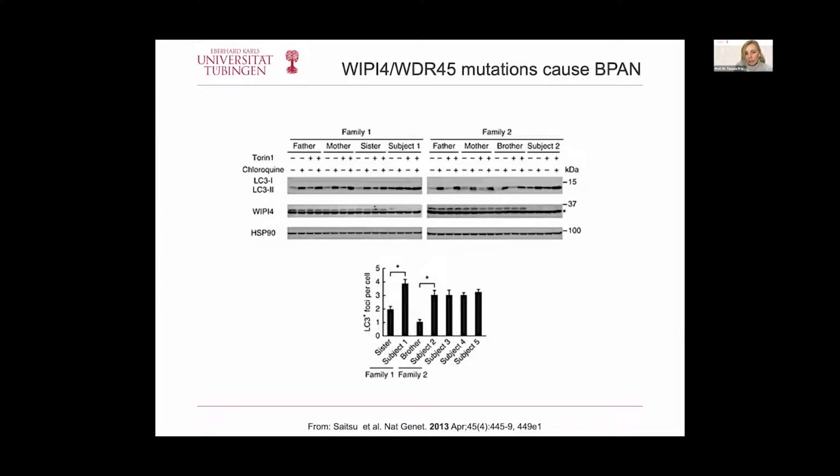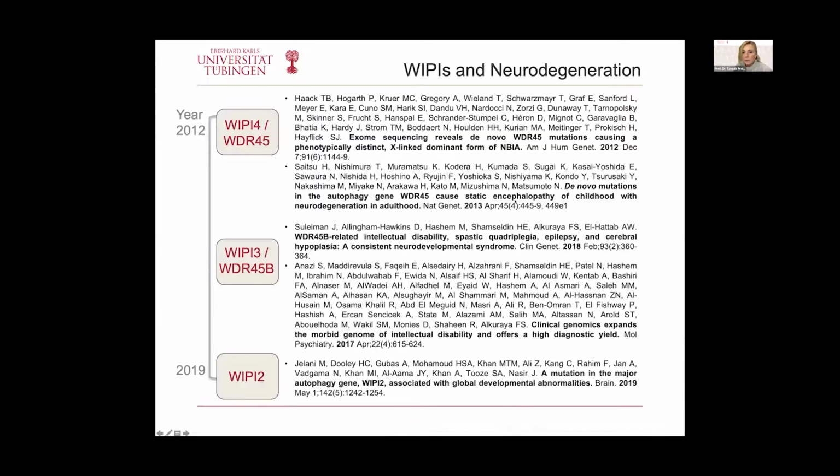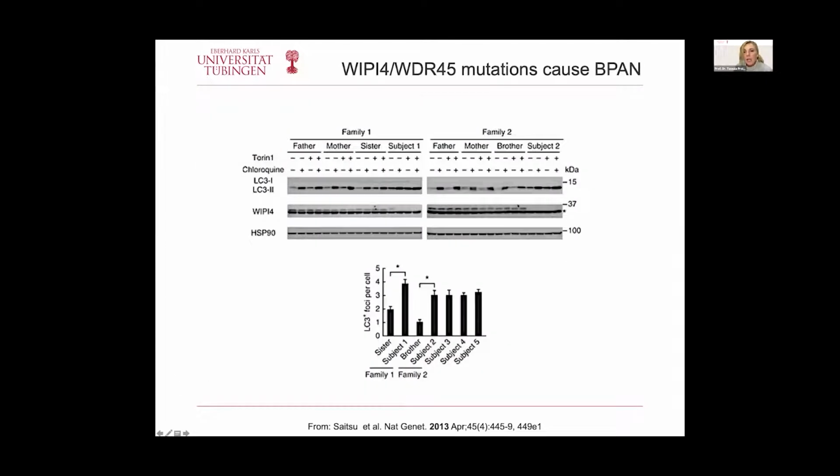So what I'd like to compare here is the first assessment of BPAN patients by Saitsu et al., the publication from 2013, where they showed that autophagy is blocked using an LC3 lipidation assay and also looking for LC3 puncta per cell.